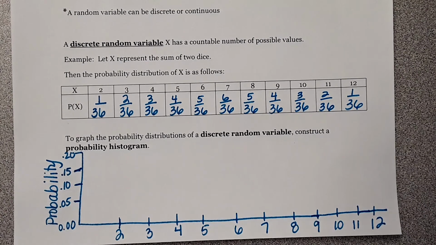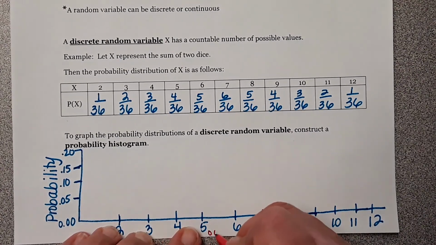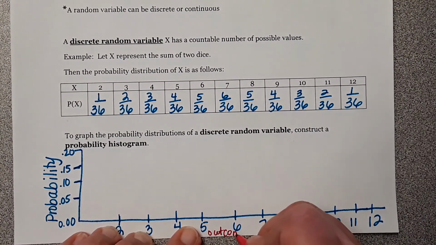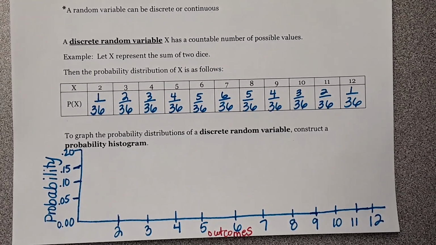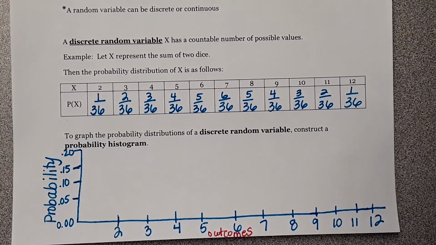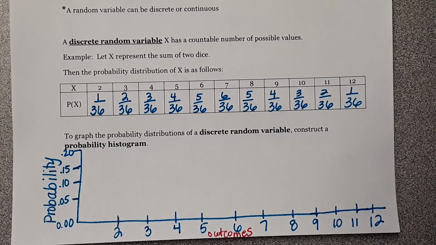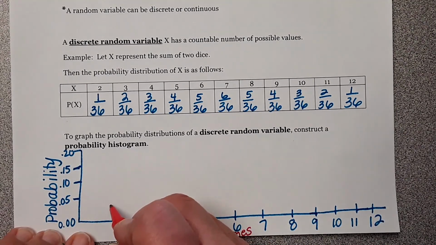And then you draw these, these are your outcomes. And so what's 1 divided by 36? It's about 0.03, right? So it kind of goes in the middle.